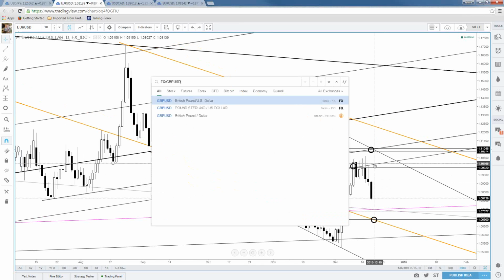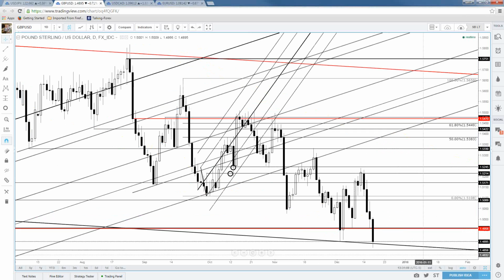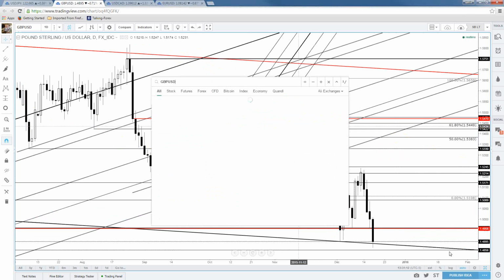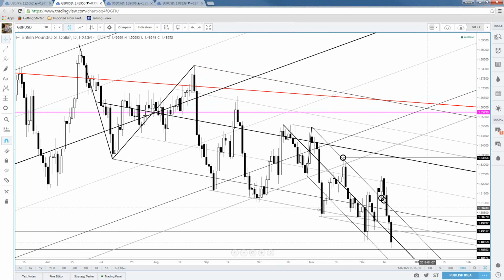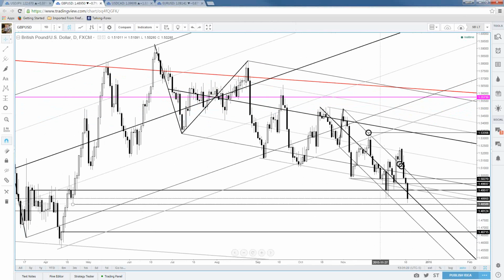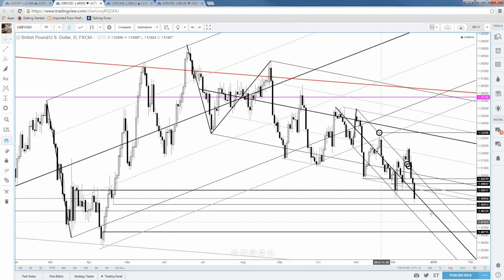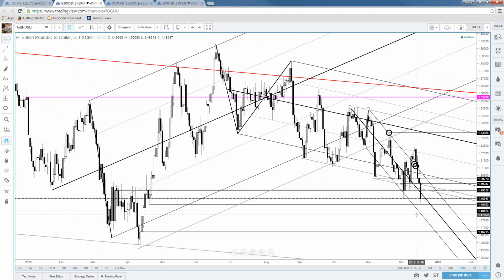I see Raj just asked about pound dollar, and yeah, I'm not too sure about pound at this point. Obviously, the weekly reversal that we did put in is no longer valid, as we've broken the lows here today. To be dead honest, I don't have any idea on trading pound right here.